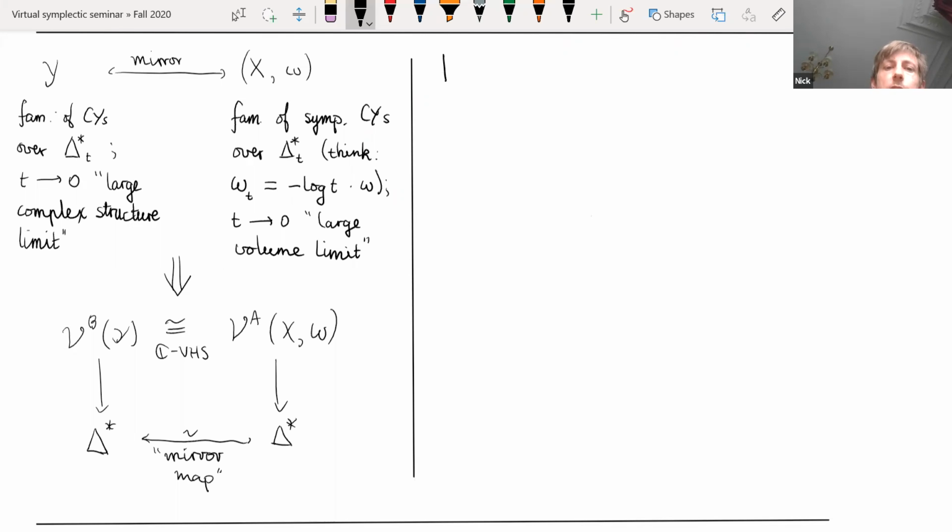But the gamma conjectures are about refining this version of mirror symmetry to get an isomorphism of Z or Q variations of Hodge structures. So let me tell you what those are.